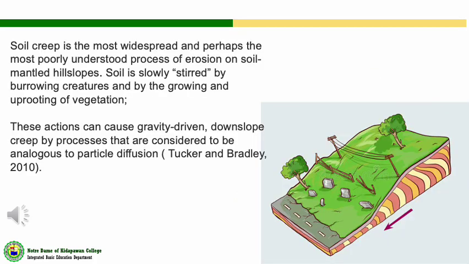Soil creep is a subject of many research studies. Soil creep is the most widespread and perhaps the most poorly understood process of erosion on soil mantled hill slopes. Soil is slowly stirred by burrowing creatures and by growing and uprooting of vegetation. These actions can cause gravity-driven downslope creep by processes that are considered to be analogous to particle diffusion.